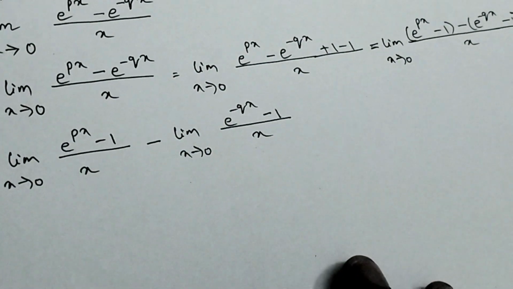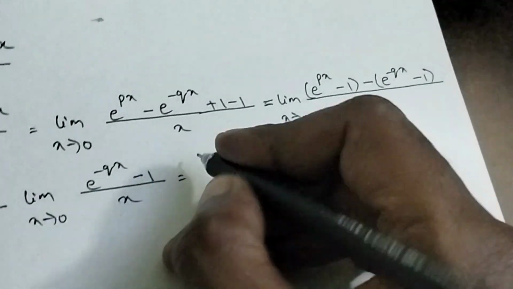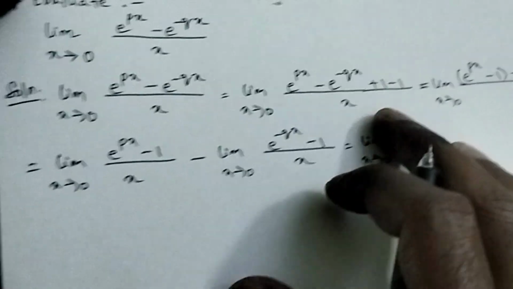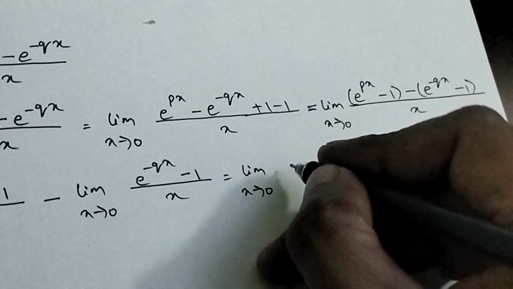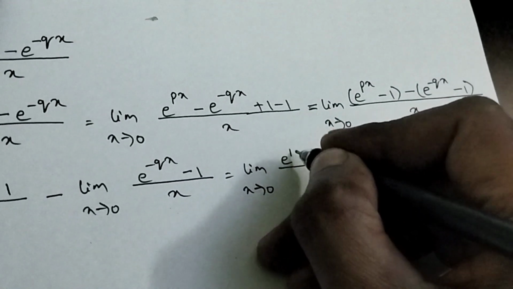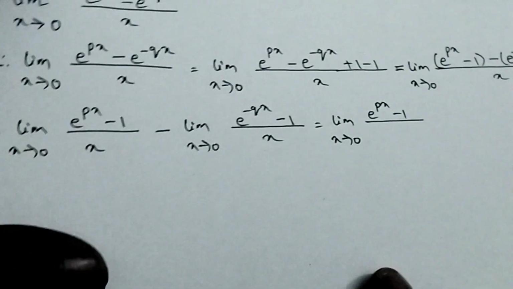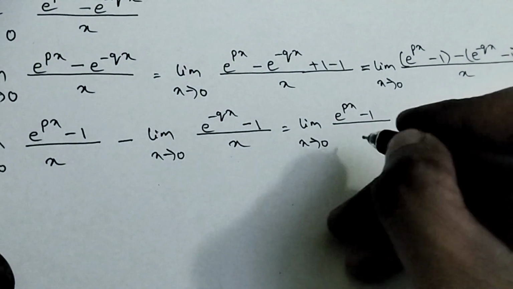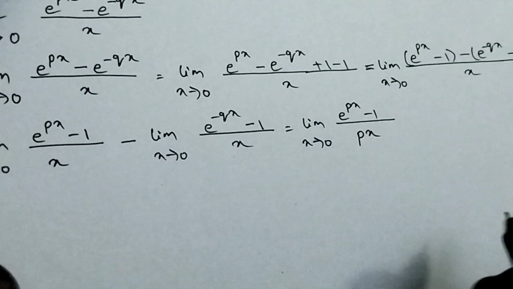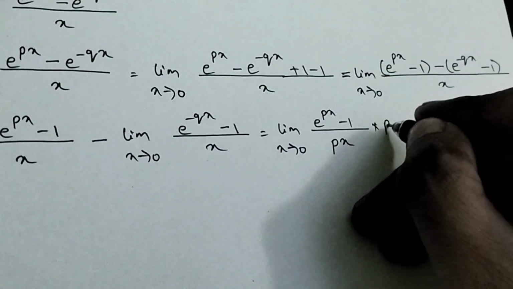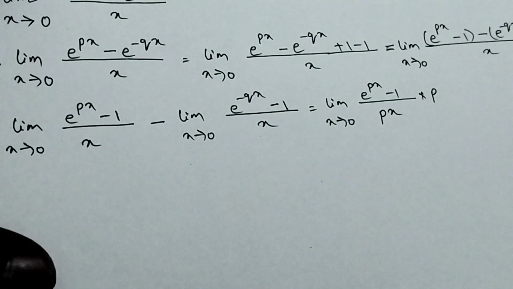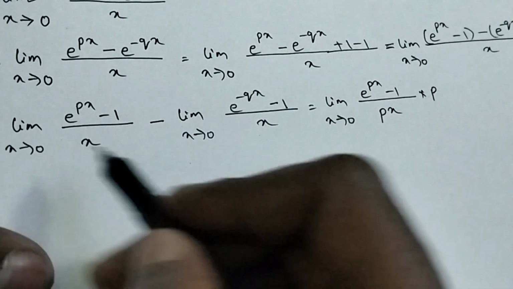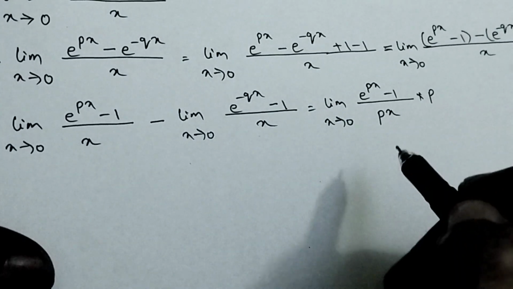So now, e to the power px minus 1 by x is given over here. What will you do? We will multiply the denominator and the numerator by p. We multiplied the denominator also by p and the numerator also by p.